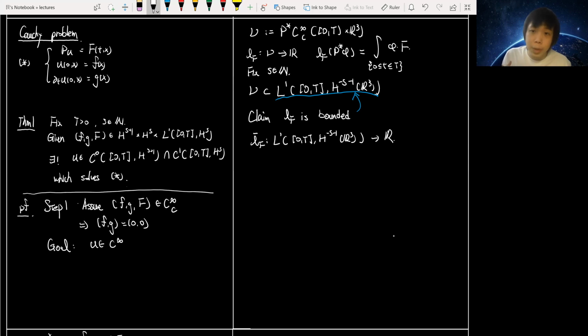From Riesz representation, this one will be represented by a function in the dual space. The dual space of L1 is L infinity. The dual space of H minus S minus 1 is H S plus 1.